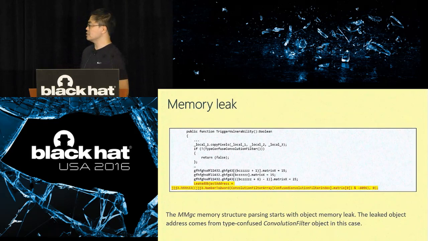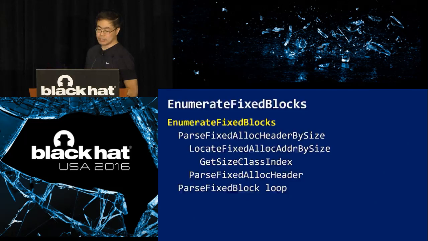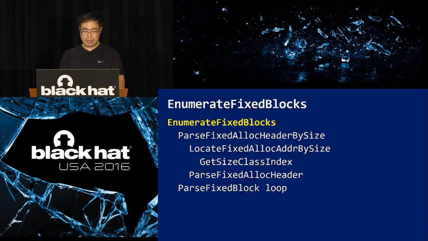The first stage is leaking some native memory out of some internal object. Starting from there, I summarized the whole process here. Enumerate the fixed blocks is the function that can enumerate any memory blocks that have a specific size.